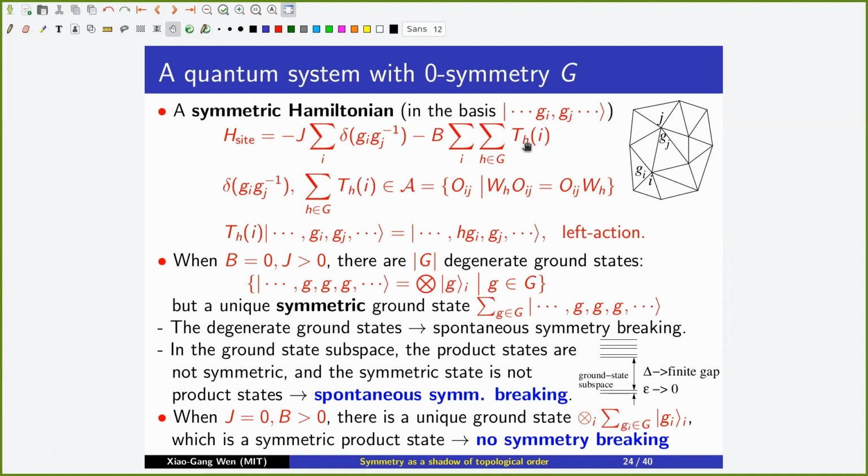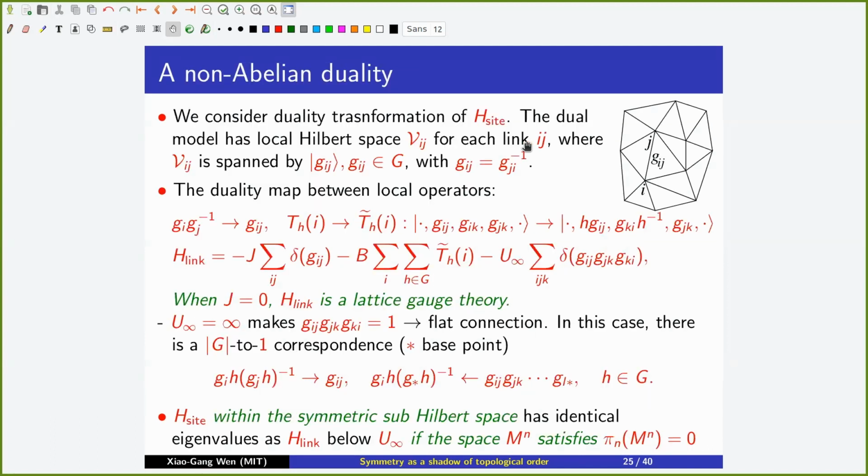Once we have this particular Hamiltonian, we can do the amazing non-abelian duality. You can do the duality transformation to get a dual model. In the dual model, instead of degrees of freedom on the site, we now have degrees of freedom on the link, called G_IJ.